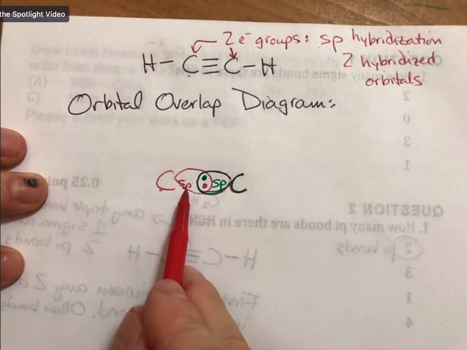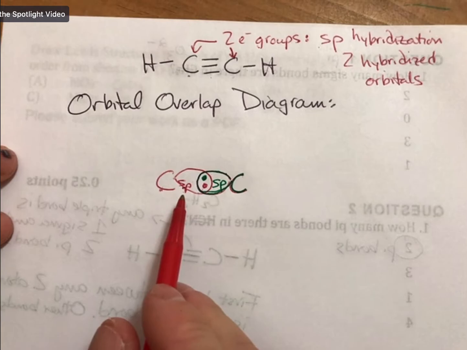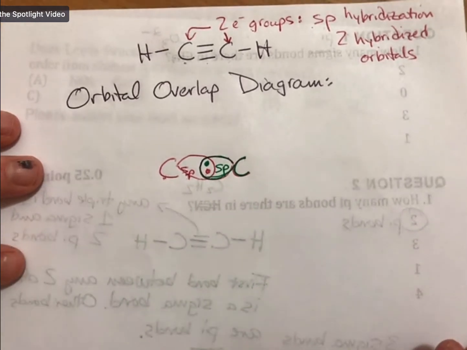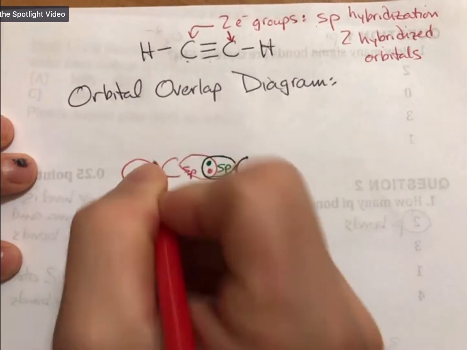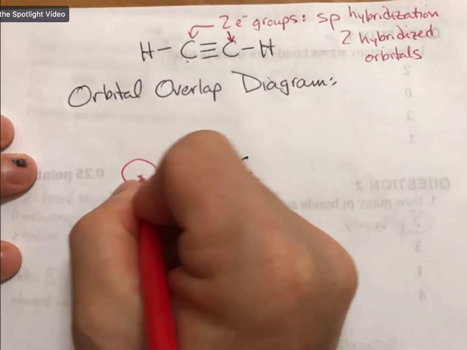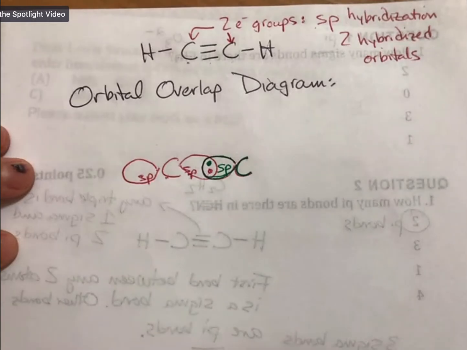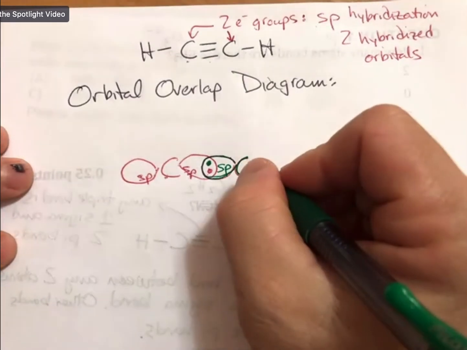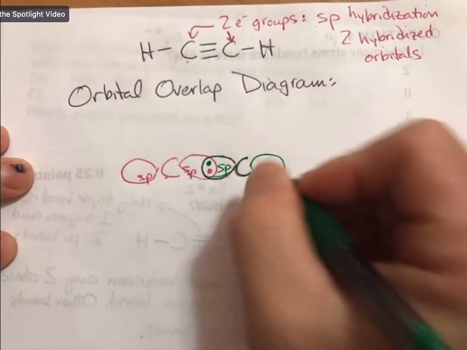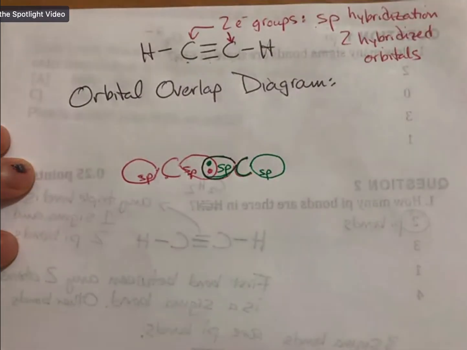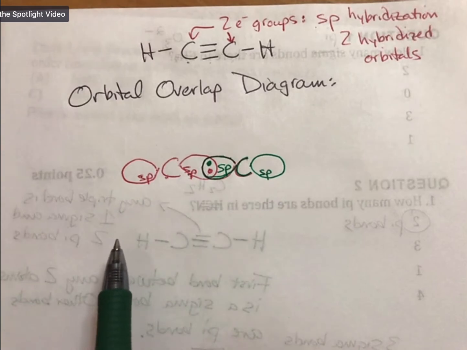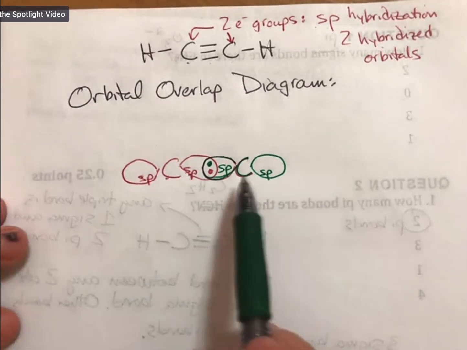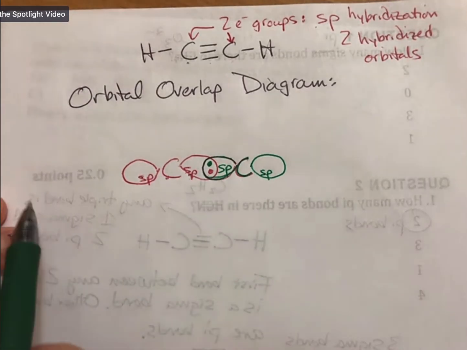What's in red right here is only one of them. Now I'm going to draw the other one. This is an sp hybridized orbital for that carbon, and here's the other one on the other side. So each carbon has 2 orbitals, and each orbital is an sp hybridized one so far.